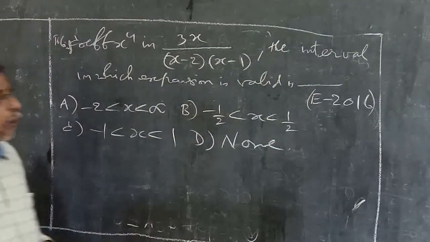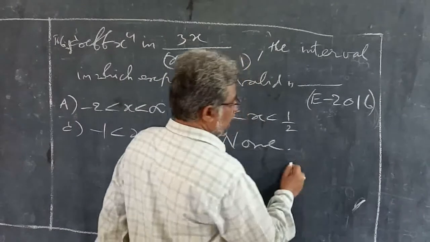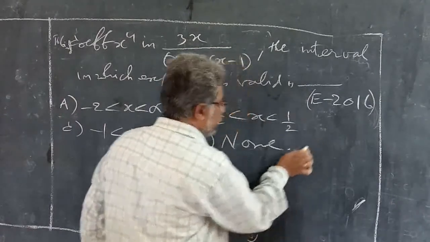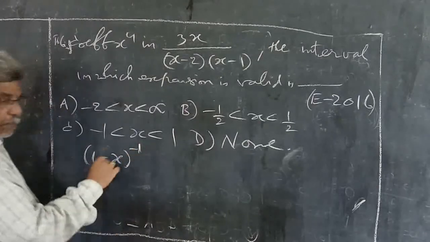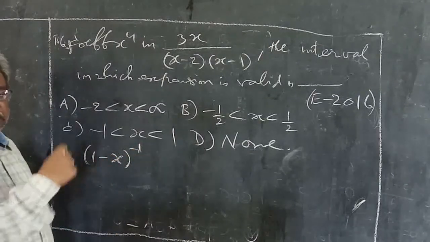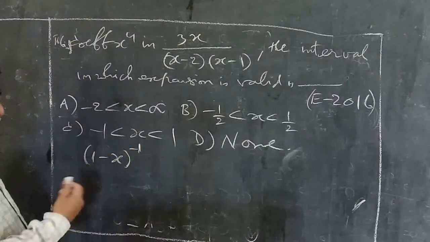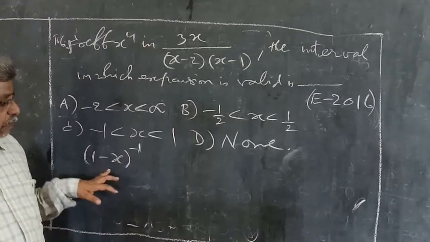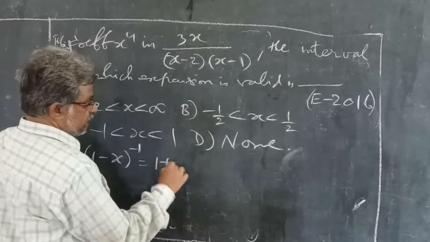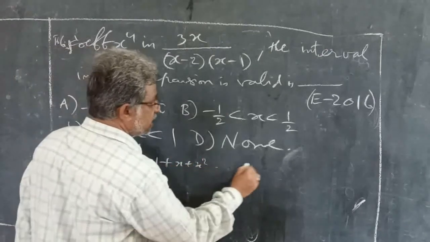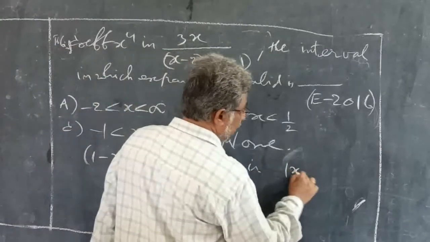What I told you before this, I have given you the formulas: 1 minus x whole power minus 1, 1 plus x whole power minus 1, 1 minus x whole power minus 2, 1 plus x whole power minus 2. We derive these from the GP, where 1 plus x square and so on is valid only if mod x is less than 1.